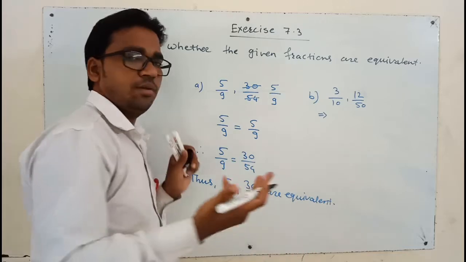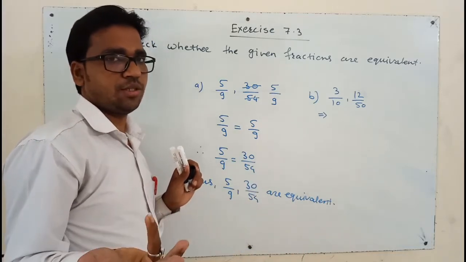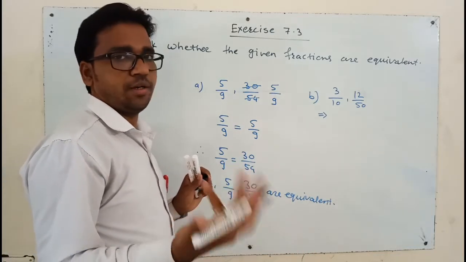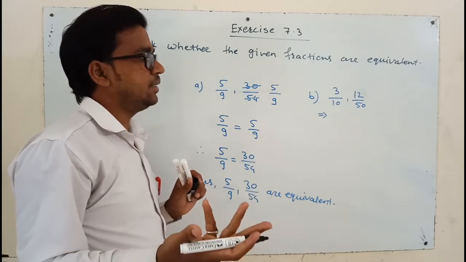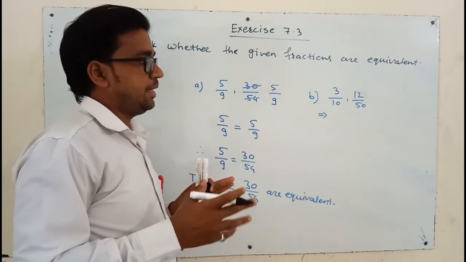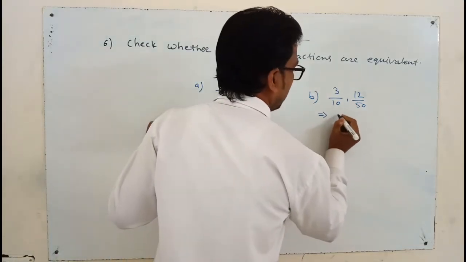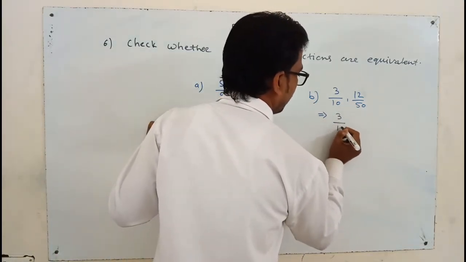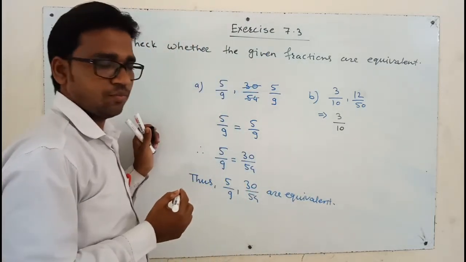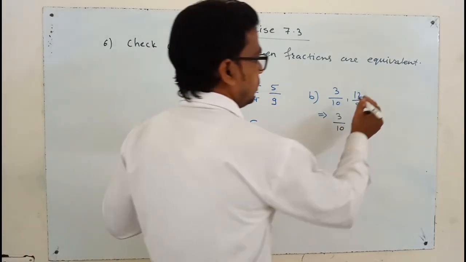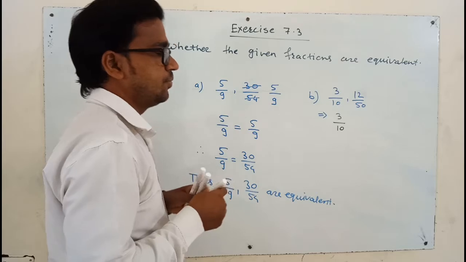The table of 3 is 3 ones are 3, 3 twos are 6, 3 threes are 9. So 10 is not in the 3 table, and 3 is also not in the 10 table. So it means it is in the simplest form.